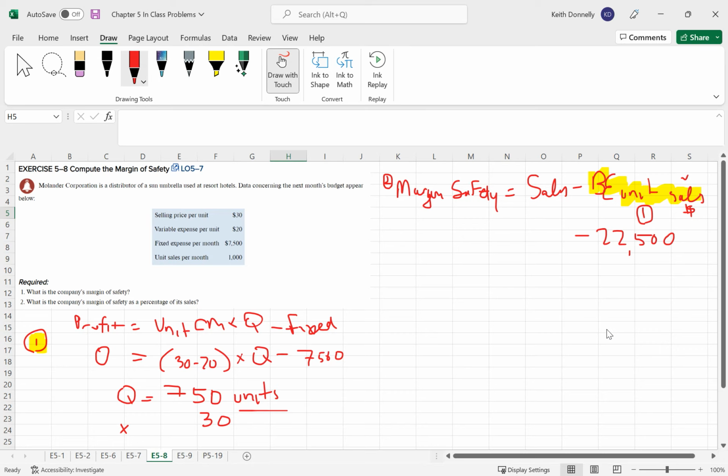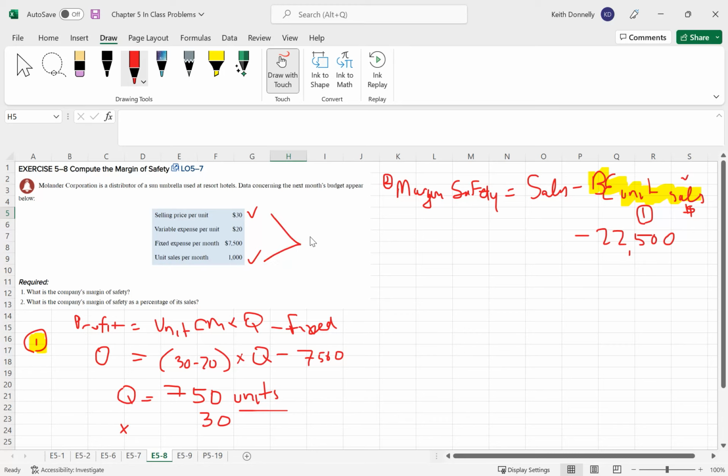And the idea in this case, right, over the budgeted amount, the sales over here, our budgeted amount, are going to be, in that case, 1,000 units times 30, right?